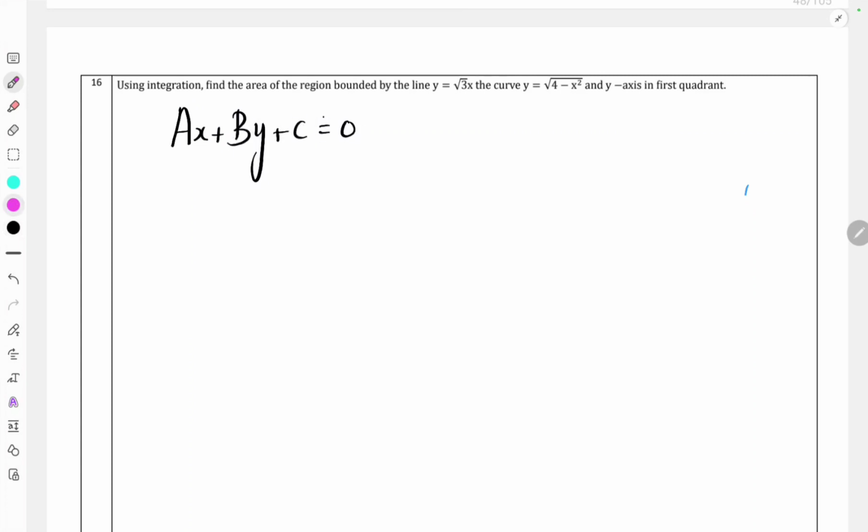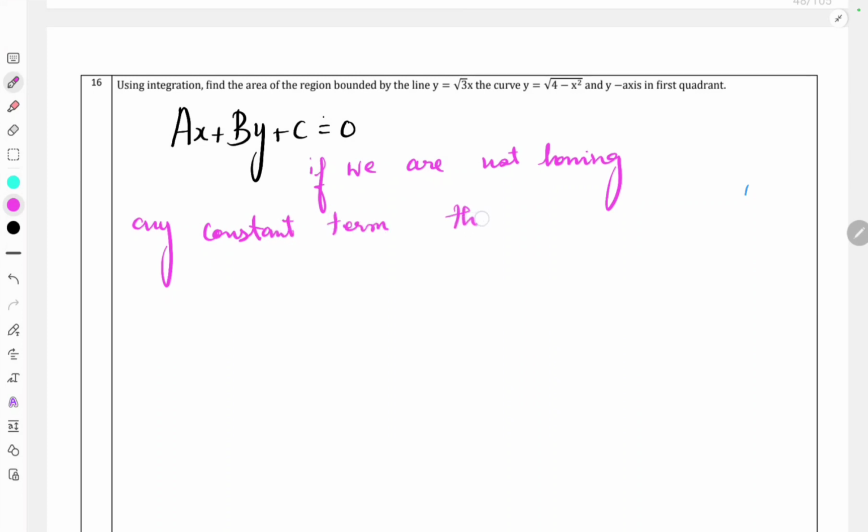If we are not having any constant term, then it passes through the origin.